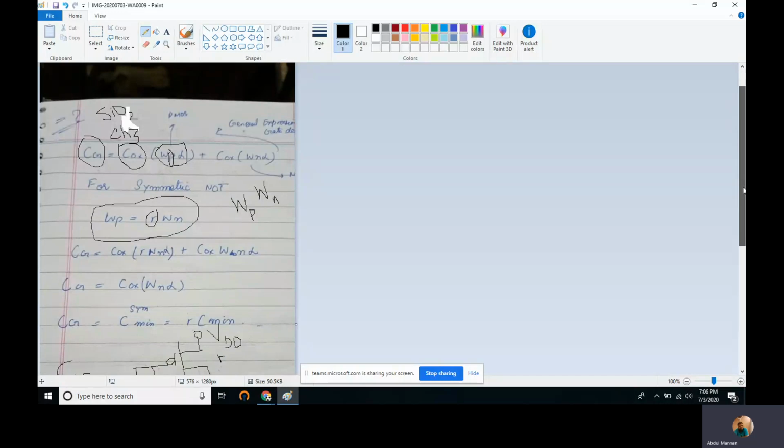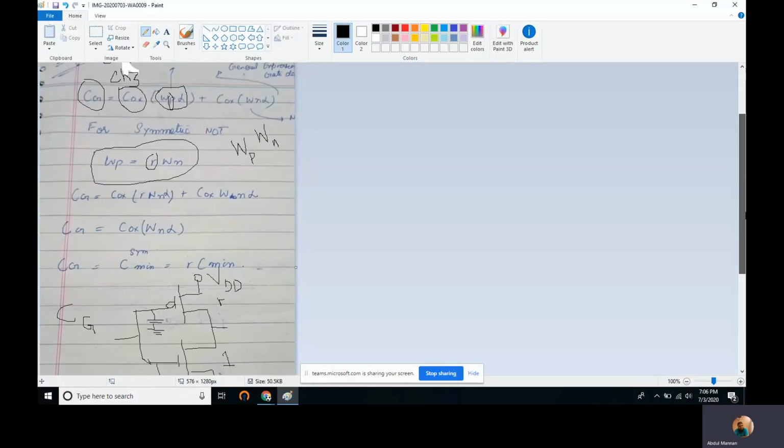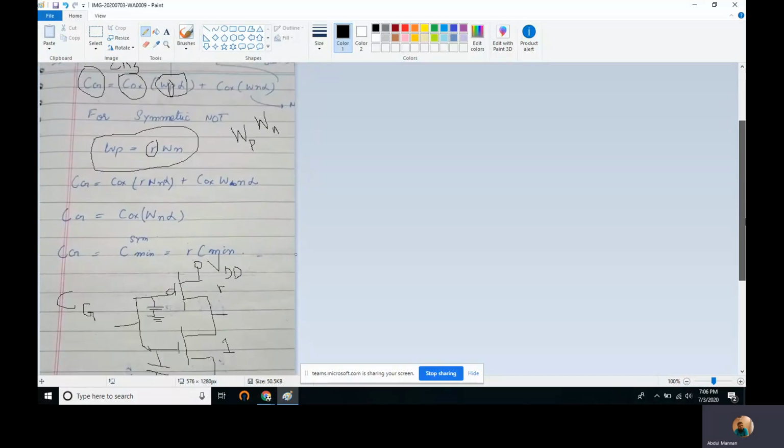For symmetric inverters, the width of P is R times the width of N, and then we can have a middle voltage equal to VDD by 2 and equal rise and fall time delays. So since WP is R WN, we can put it here, and this remains the same as it is here.